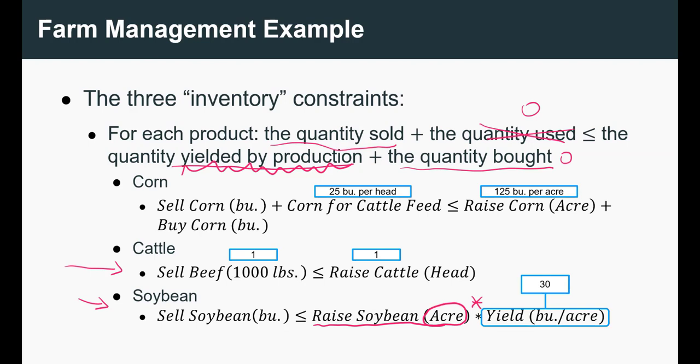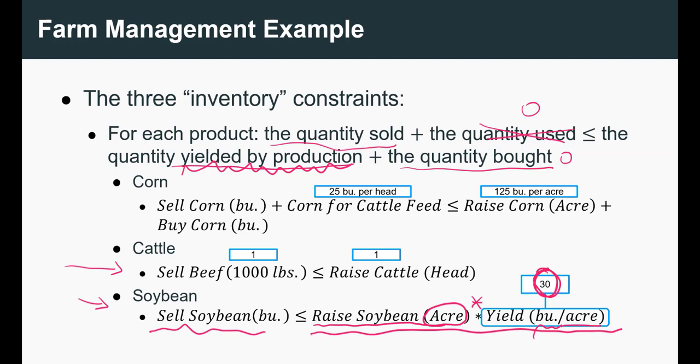There, it says there's 30 bushels per acre. So that's why in this soybean constraint, you have to multiply 30 by the decision variable. Together, the product of those two terms is the quantities yielded by production.